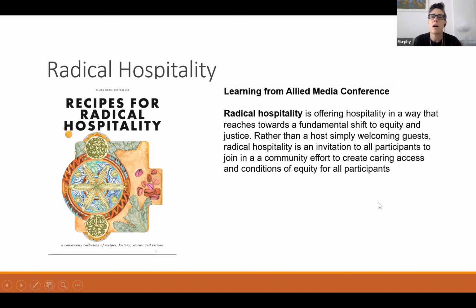So what does it mean to offer a kind of hospitality that's not just about the welcome, but about hospitality as an invitation to participants to join you in making a gathering work according to different kinds of ethics, and to make a gathering work in relationship to the world you want to be building. So it's not just the host welcoming, but the host welcoming you into participating in worlding another world together in a gathering.